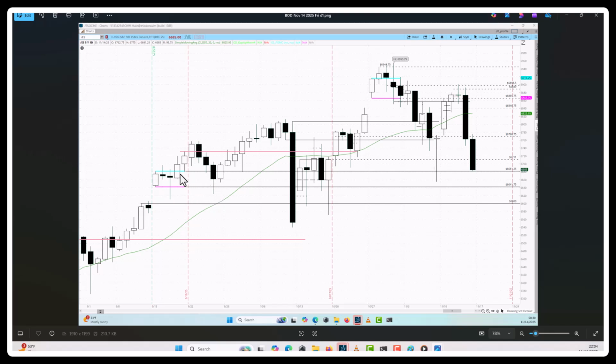And look at that level, it is the range that opened at the FOMC meeting in October. So it's a breakout at that level.